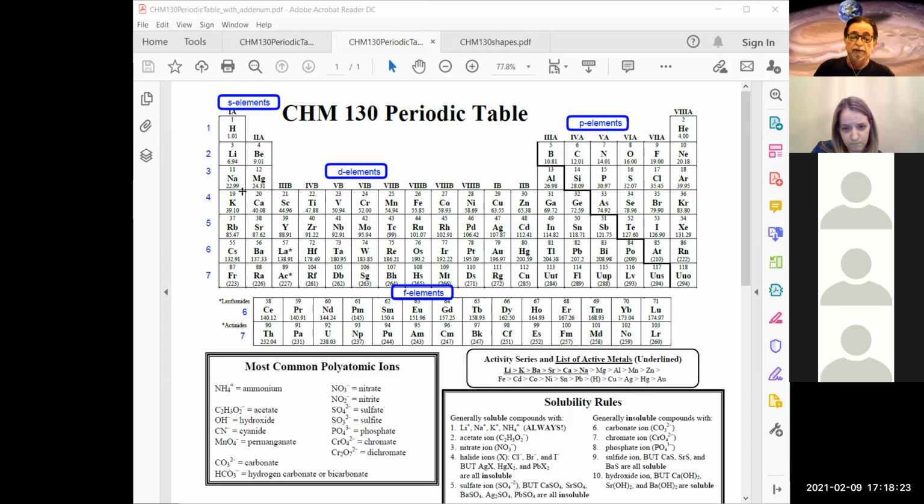Calcium is number 20, and the other aspect you hopefully recognize is that it's in the fourth period. So just being in the fourth period, and in column 2, tells you that the outermost shell 4s2 is full. We're going to write it longhand, and then I'm going to show you a shorthand way to do this.